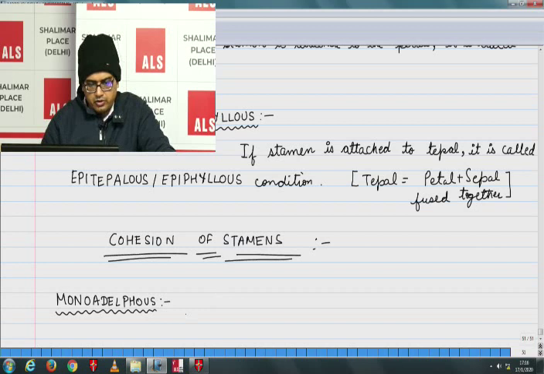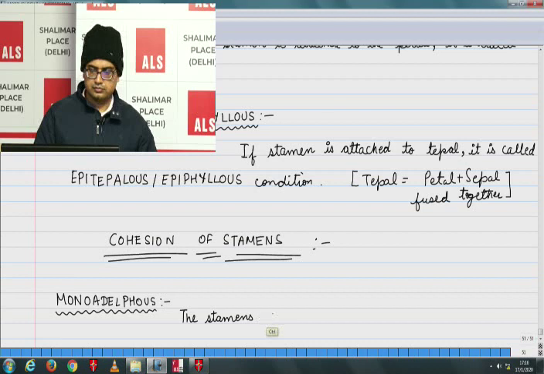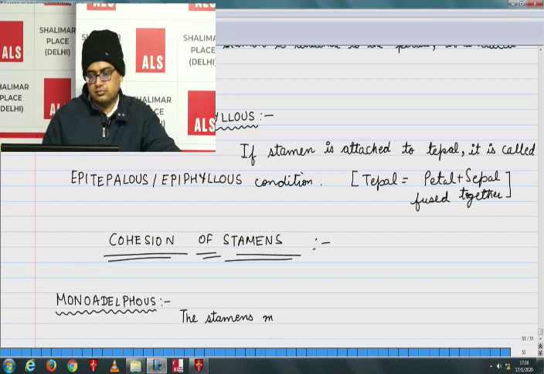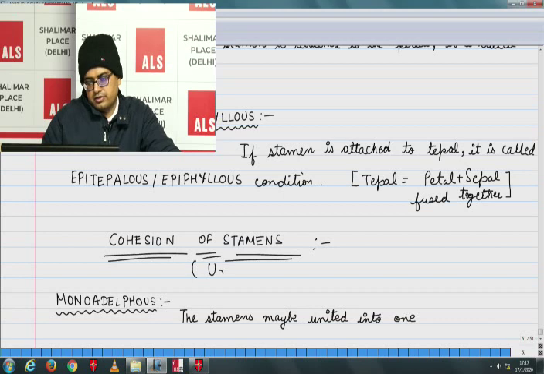The stamens may be united. What is cohesion of stamens? Unity of stamens.